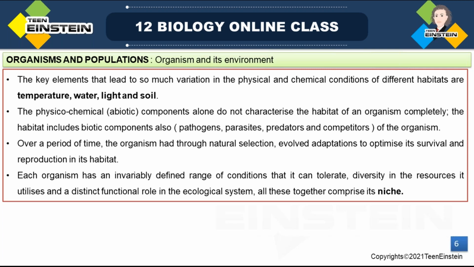The surviving organisms can tolerate a wide range of conditions, which forms diversity in resources, how they utilize them, and their role in the ecological system. Together, their function, their wide range of tolerance, and how they utilize the ecological system are called the niche. Got it? So this habitat and niche we have to learn in detail.